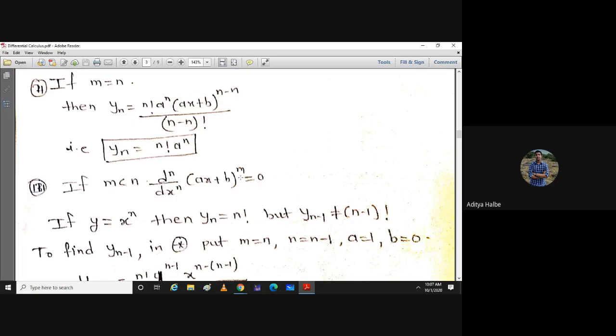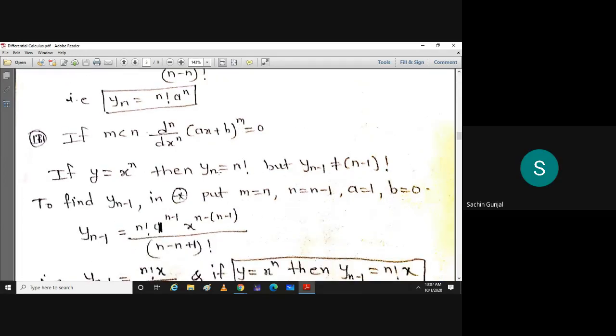Okay, so let us consider this last step: when the degree is less than the order of the derivative. As I explained, if your polynomial is x raised to 5 and you are finding its sixth derivative, where m is 5 and the order of the derivative is 6, then it will always come as 0, isn't it?